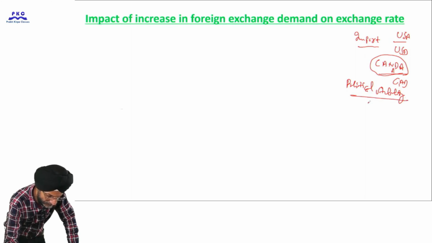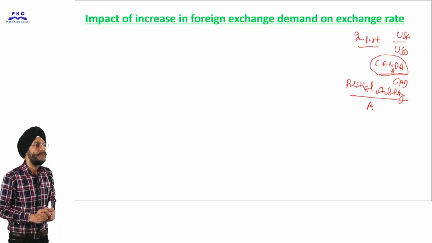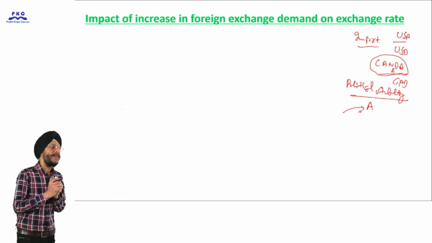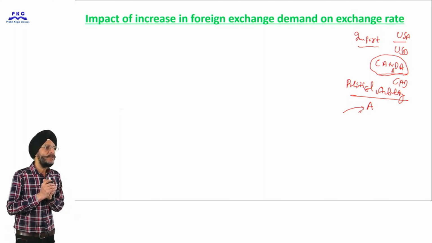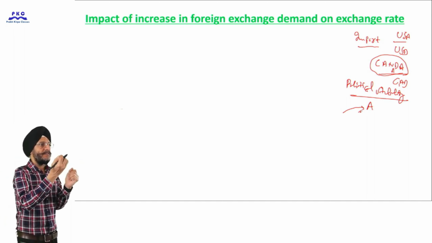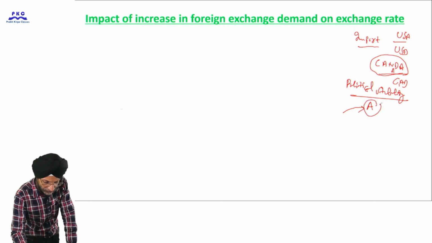Suppose we are studying political stability. If there is a political stability in a particular country, say A, so the people from the rest of the world will like to make investments in country A. To make investments, they will have to purchase the currency of that country.